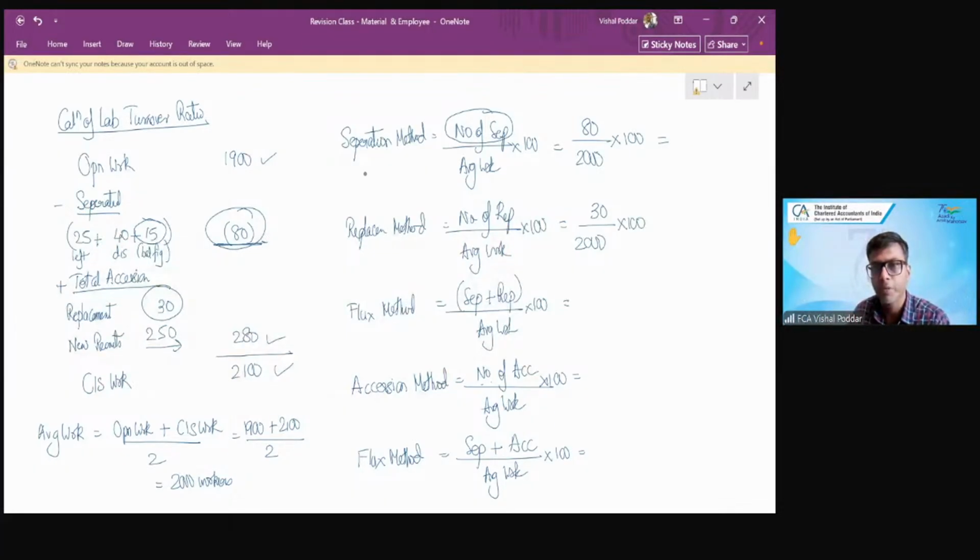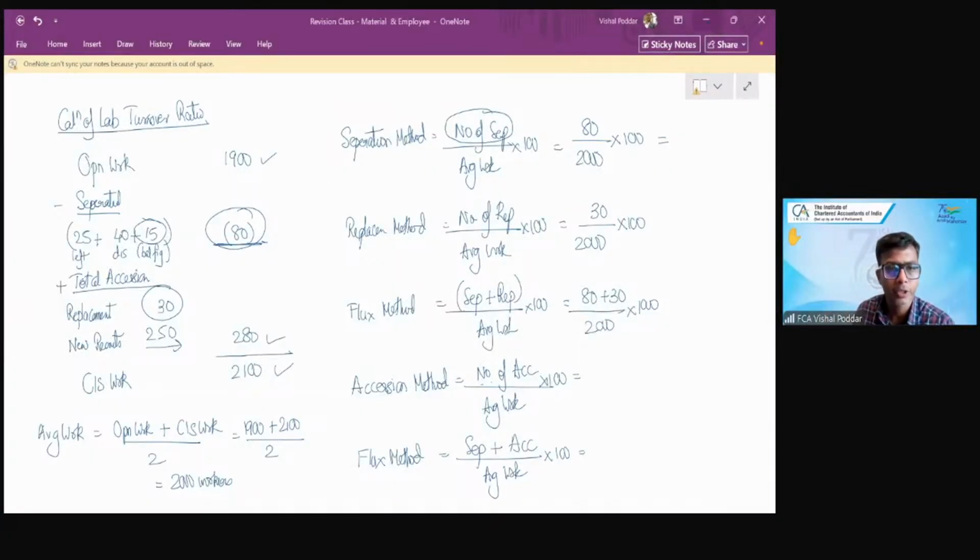Flux means simply total, so 80 plus 30 upon 2000. Correct? So I have some inputs. Good. Tejaswin has already given me answers. Tejashri is also giving me. Tejashri, is it 40% or 4? Just confirm.